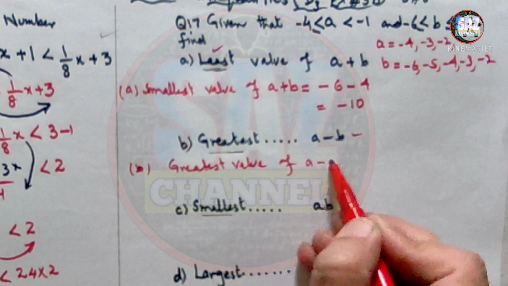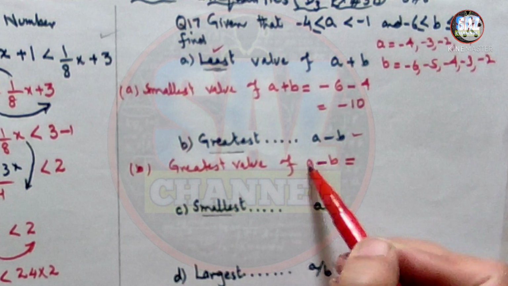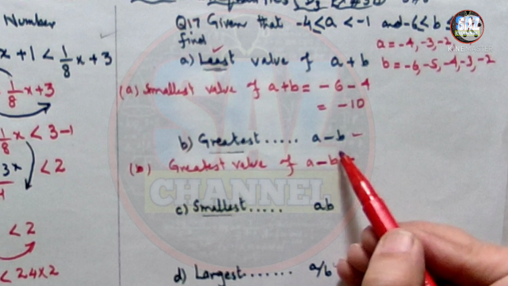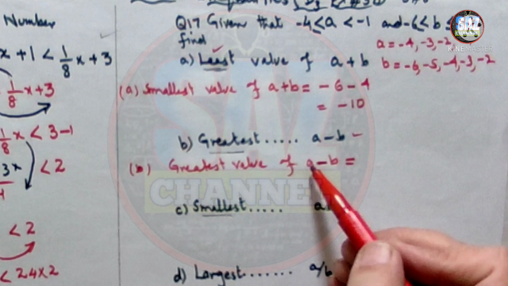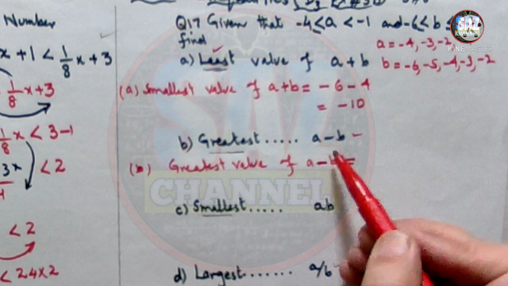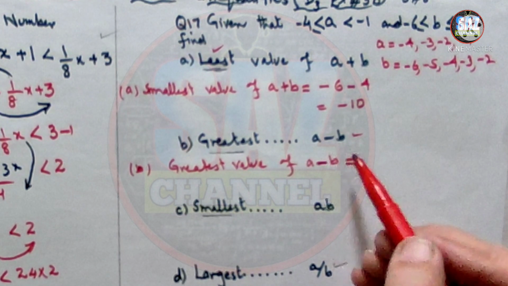of A minus B. Now look, we have the minus sign in between these two letters, and the values of B are also negative. So when I take both values negative, due to this negative sign, the value of B will become positive and our result will be a positive number.